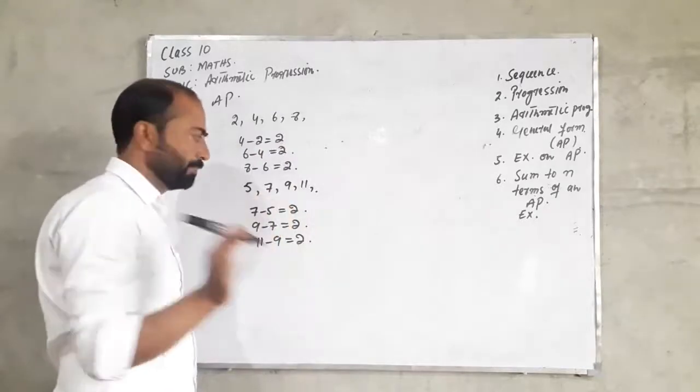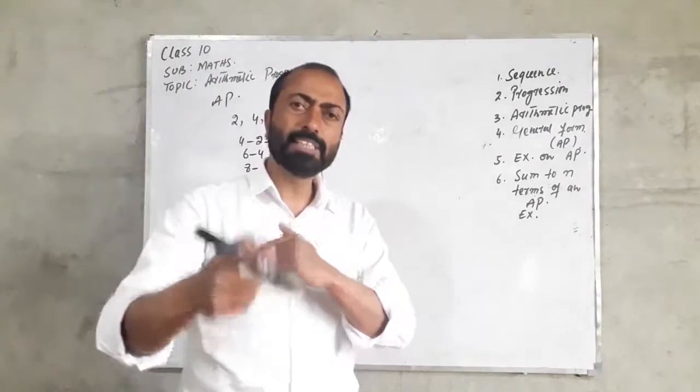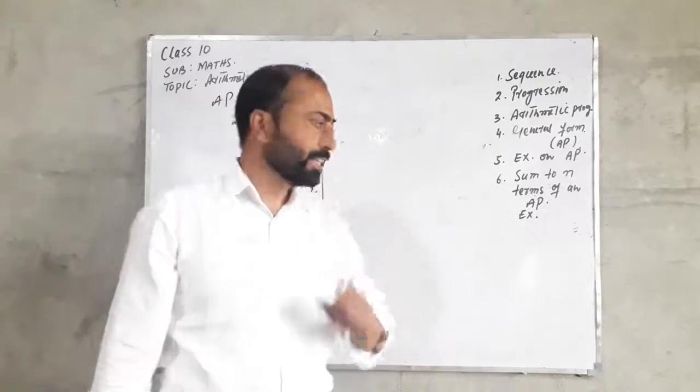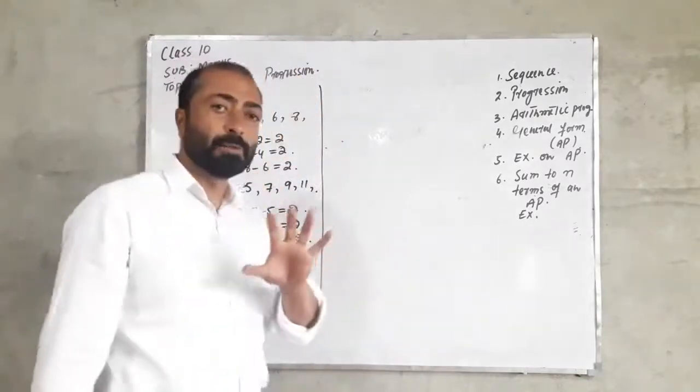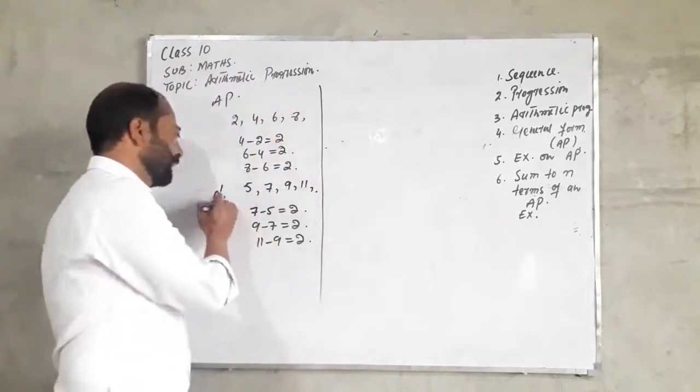So it is an AP. The difference of any term with its previous term is always constant. This difference is called the common difference, and we usually denote this common difference by D.